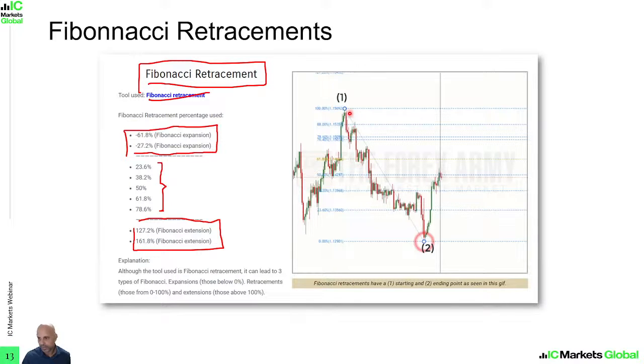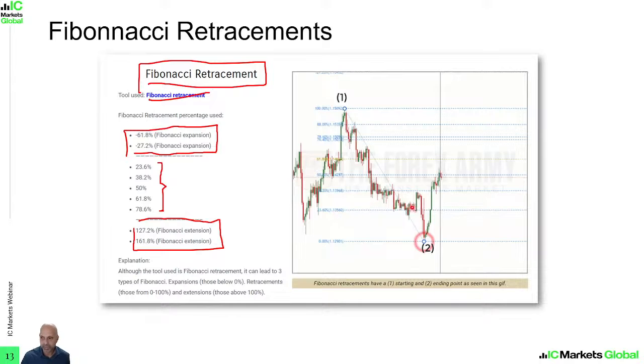Right, so we can see here when we've drawn the trend line from 0.1 to 0.2, these retracement levels of 23.6, 38.2, 50%, 61.8, and 78.6% are going to be potentially highlighting resistance levels.